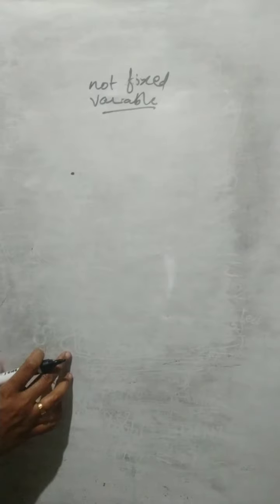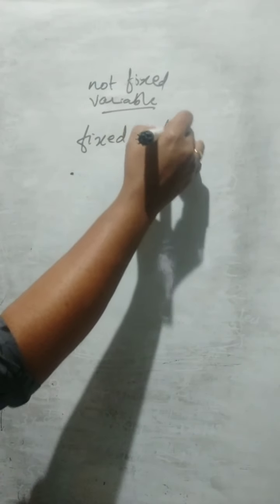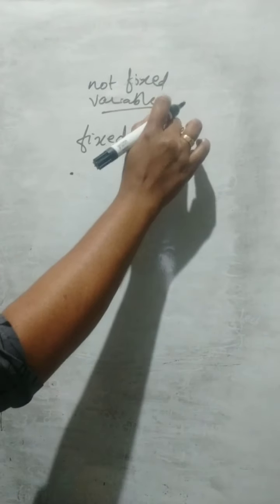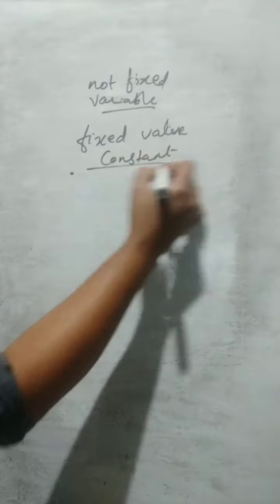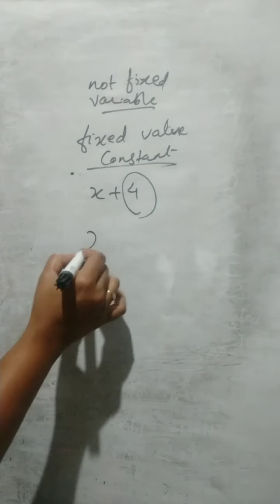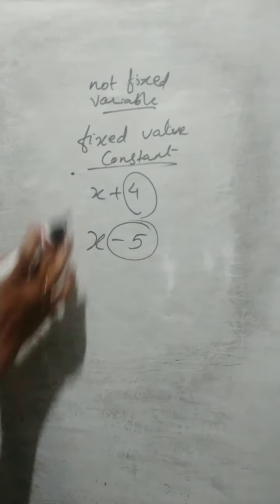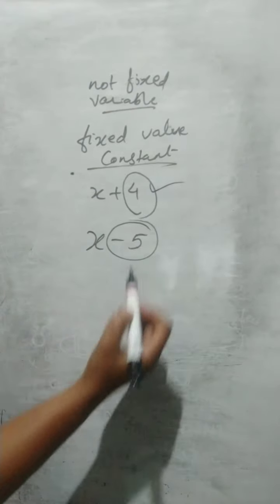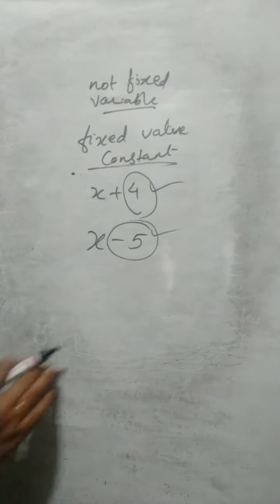A constant is a fixed value. Example, x plus 4. Here 4 is the constant. Then x minus 5. Minus 5 is the constant. We can't change the values of 4 and negative 5. Always this will be 4, negative 5 and so on.